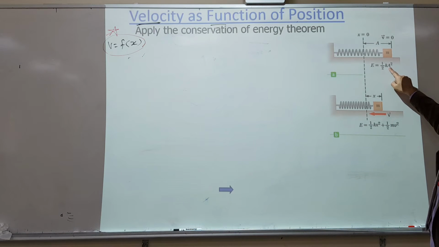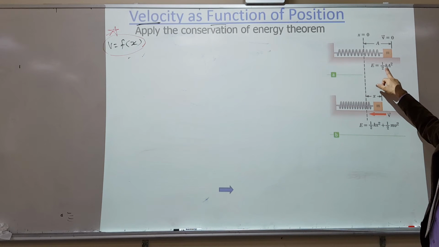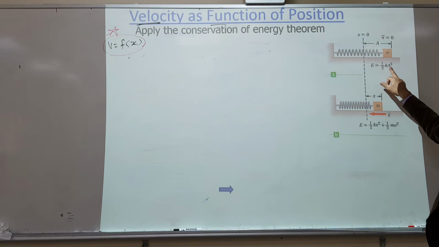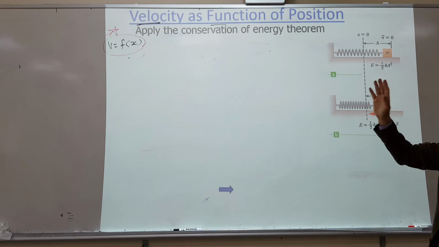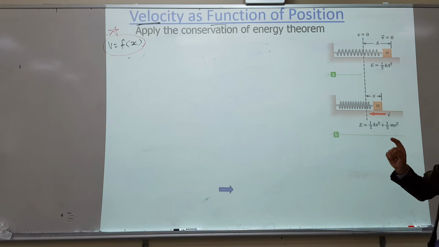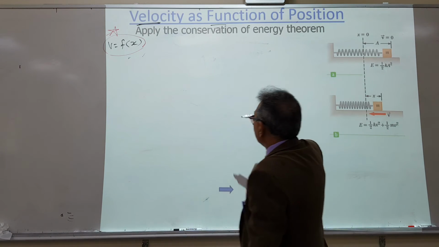Similarly, on the leftmost you have the same total energy, simply elastic potential energy on the minus A side, because it's square, so it doesn't make any difference in the end. But in the middle, at x equal to 0, you have total energy simply equal to the maximum kinetic energy, half mv square, the maximum.